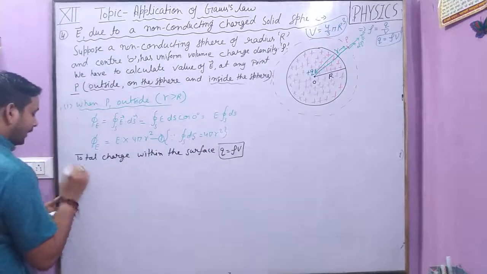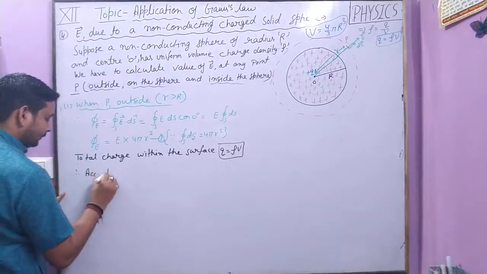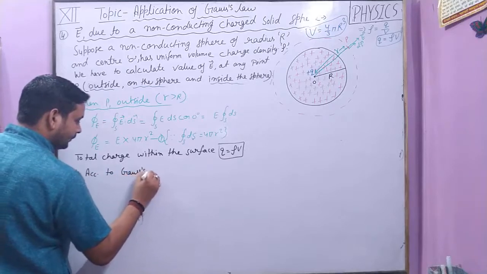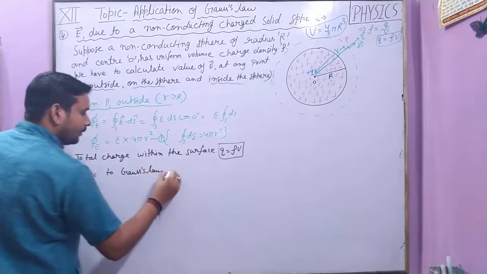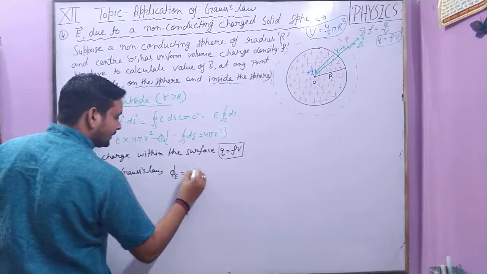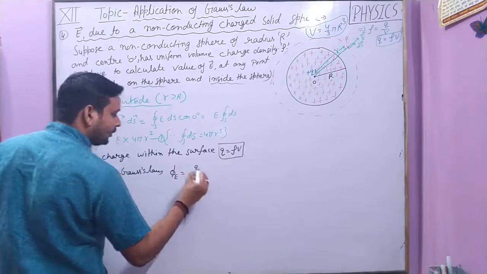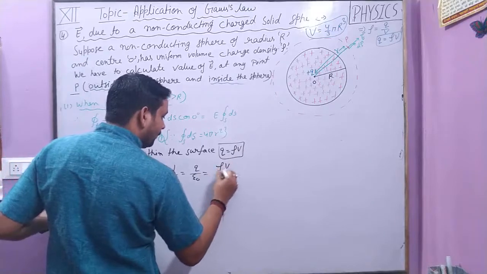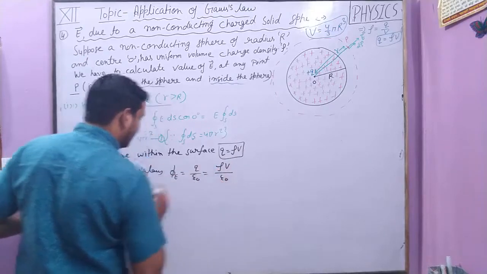Now, according to Gauss's law, the flux is given by Q upon epsilon naught, and this result for Q is rho v upon epsilon naught.